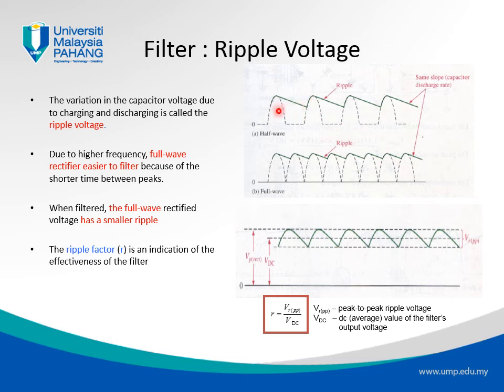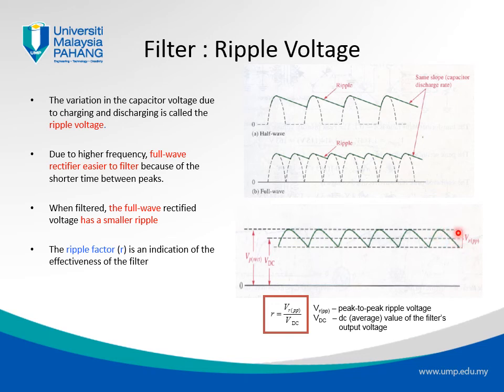The amount of fluctuation is measured by this formula, as the ratio of VRPP. VRPP is the peak-to-peak ripple voltage. So what is peak-to-peak ripple voltage? It is presented here. Peak-to-peak ripple voltage is the peak-to-peak of the new rectified and filtered voltage.